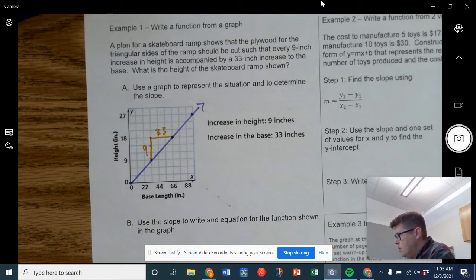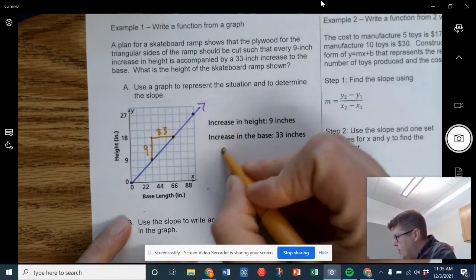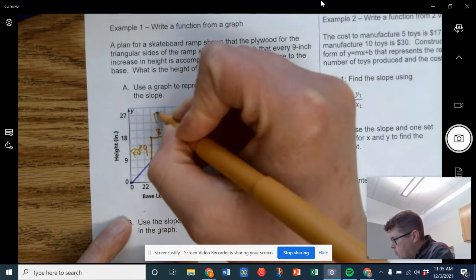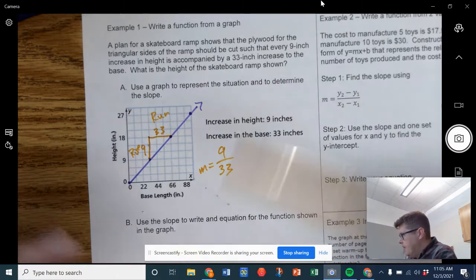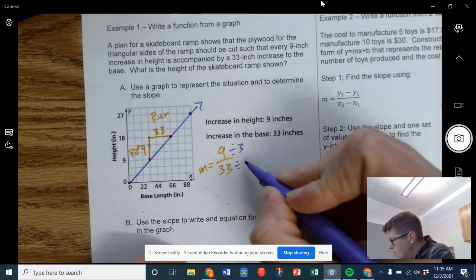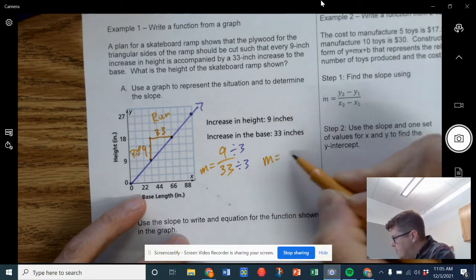So what we're going to do is take that 9 and divide by 33, right? Because it's rise over run, which is our slope. So we can simplify that by dividing the top and the bottom by 3. That's the only thing that's going to go into both of those numbers. And we end up getting a slope of 3/11.